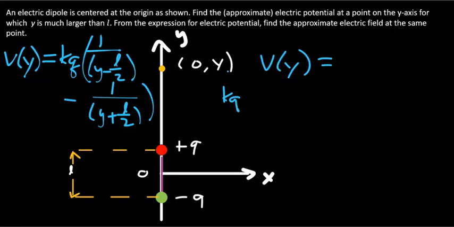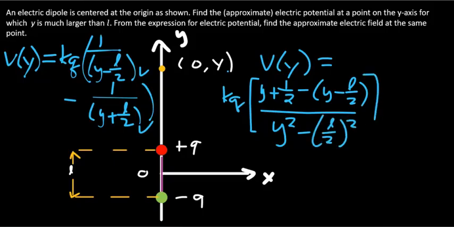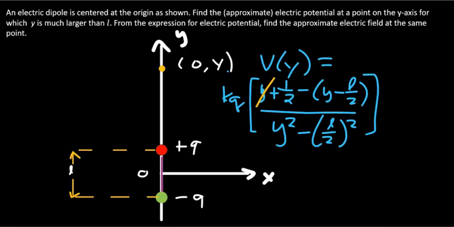So you have kq times y plus L over 2 minus y minus L over 2, divided by this times that, which is just y squared minus L over 2 squared. So this goes away, and this becomes L over 2 plus L over 2, which is L.